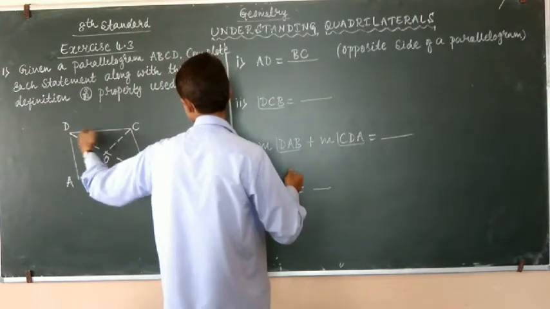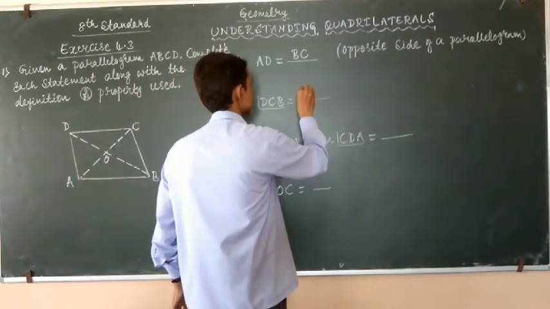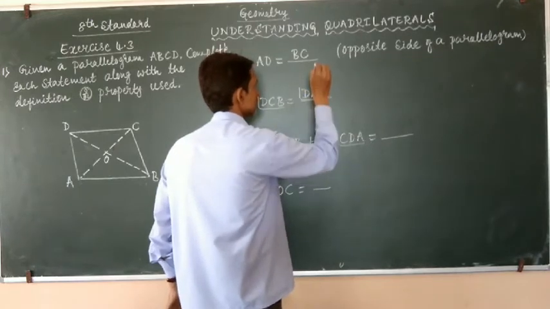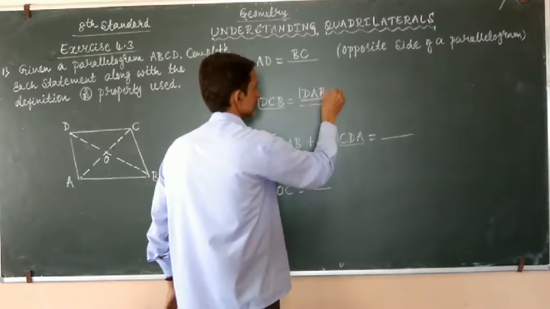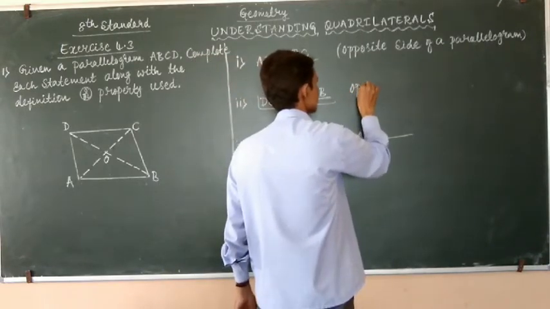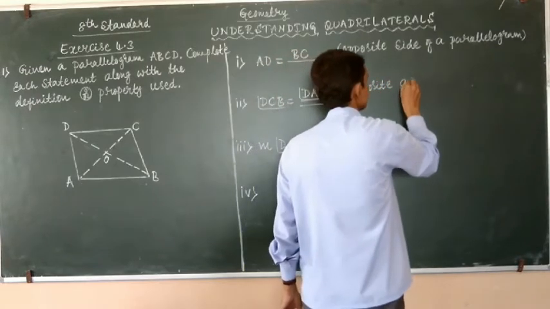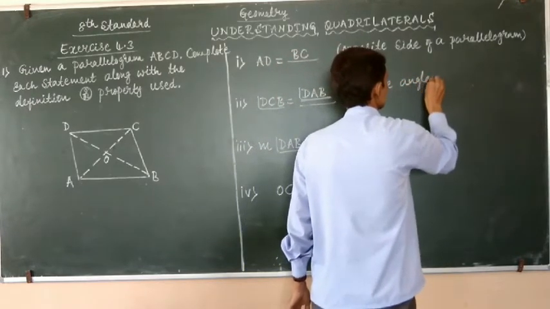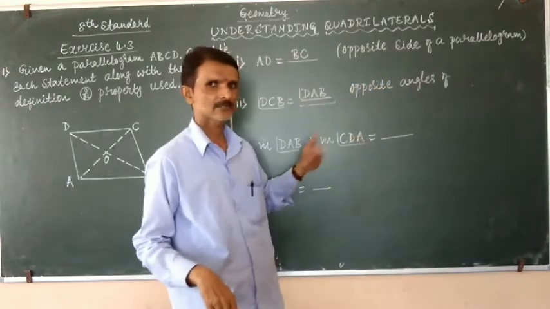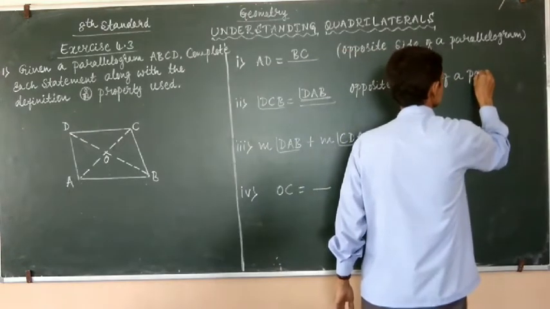Therefore we can write angle DCB equals angle DAB, and the reason is opposite angles of a parallelogram are equal.